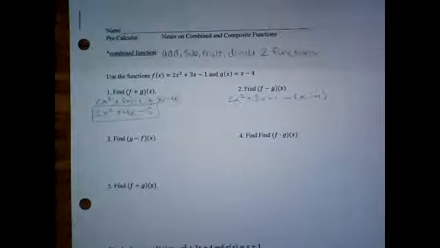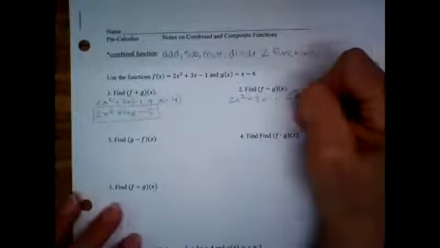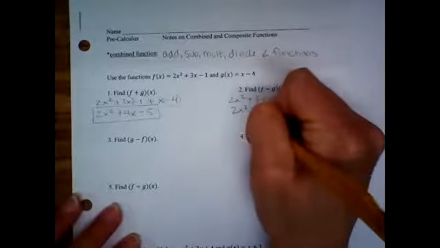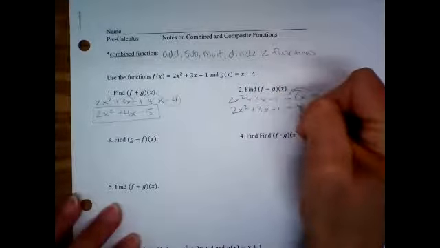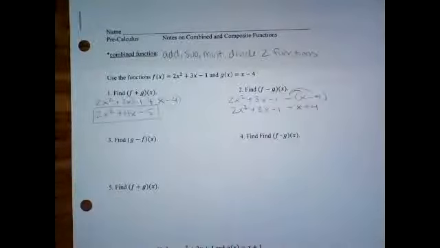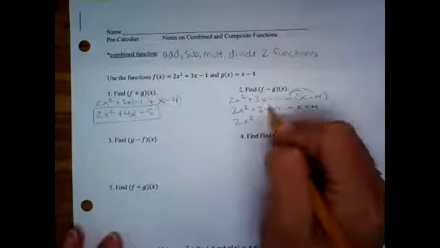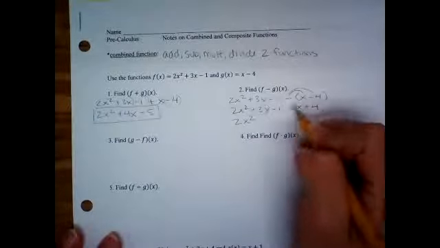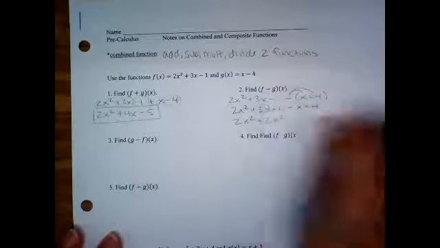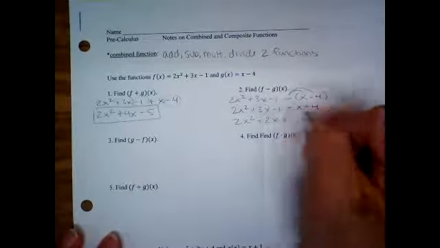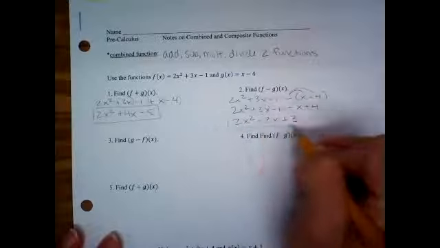And so then you're going to distribute the negative sign. So it'll be minus x plus 4, and then put your like terms together. So again, just be careful with negative signs is the only thing with that. This will be 2x squared plus what? Plus 2x, and then -1 plus 4 will be plus 3.